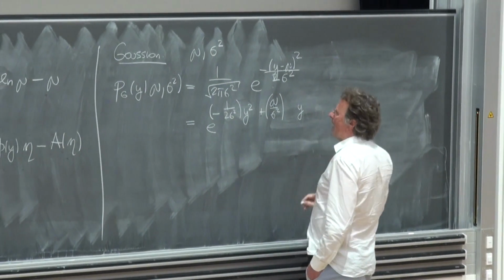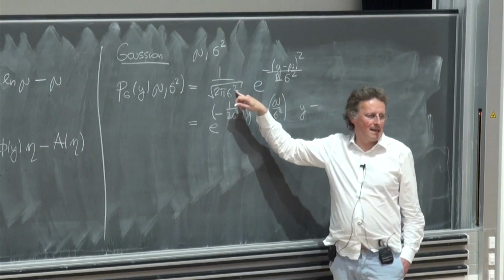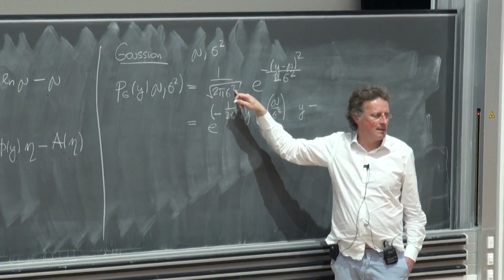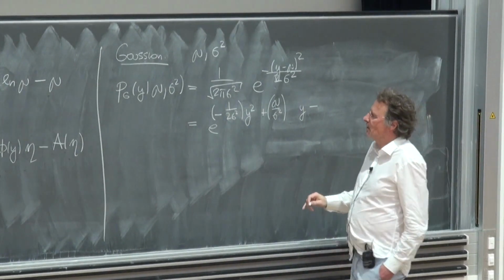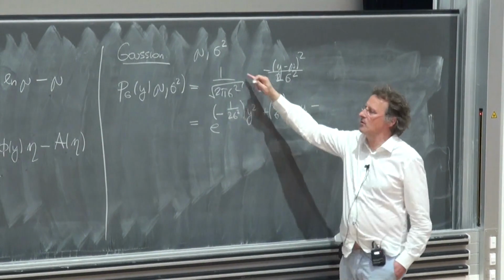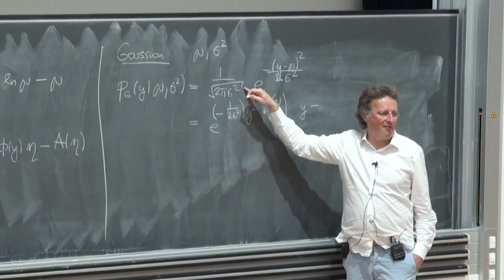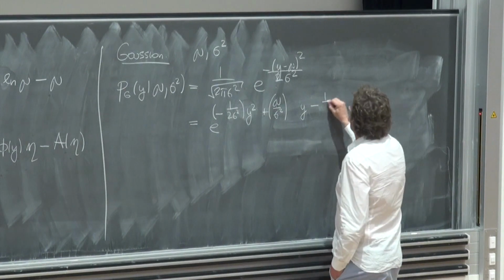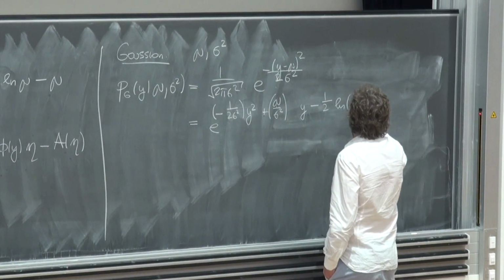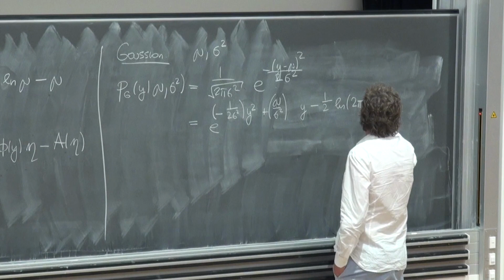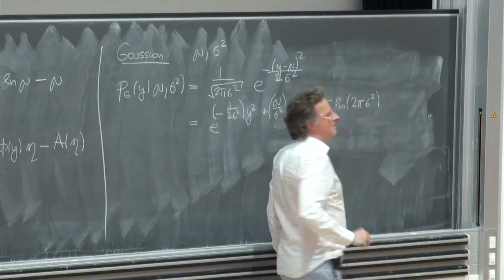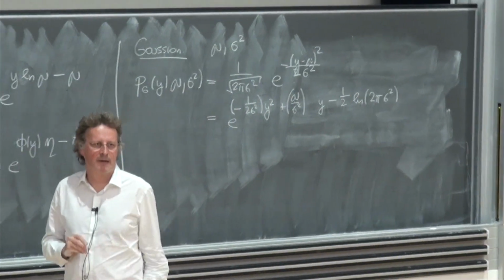And then I still want to bring up the normalization constant, right? So what I'll do is I write it as e to the, so I get a minus because it's 1 over, I get a half because I have a square root, and then I have the ln of 2 pi sigma squared. Fine?